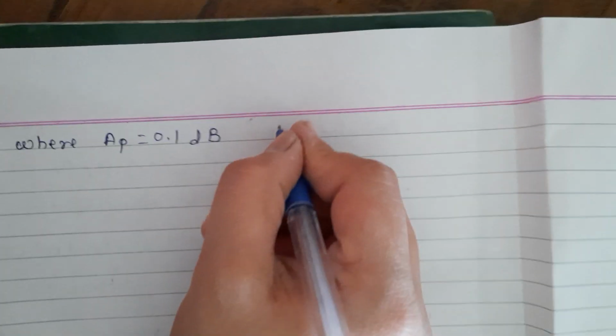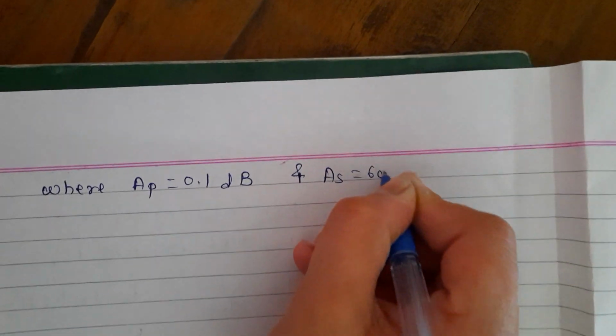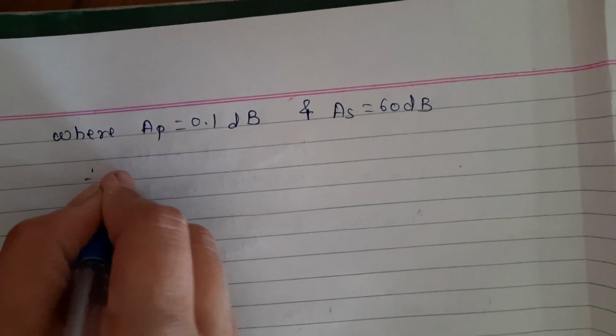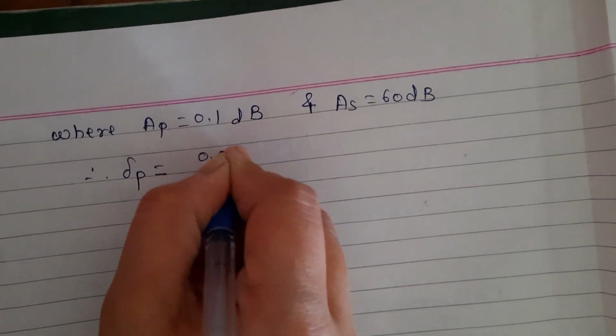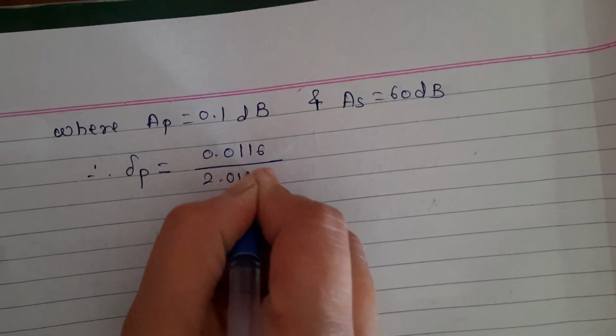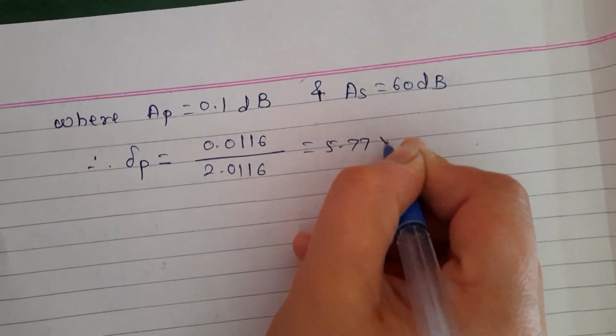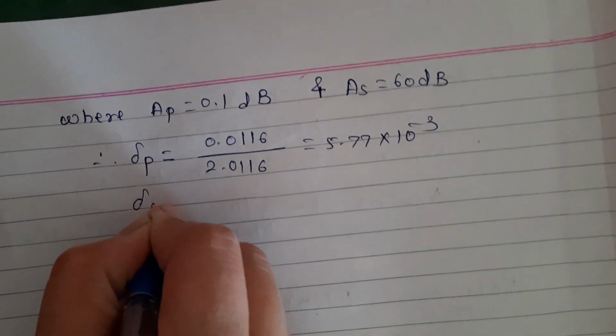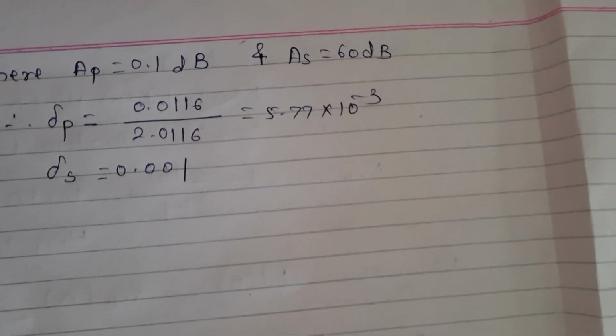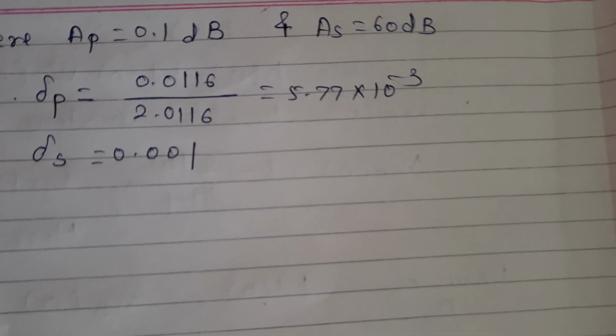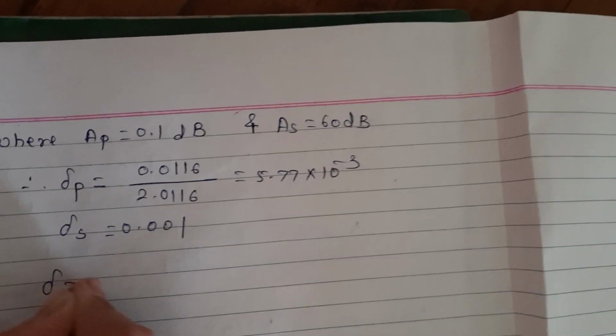Now where AP is equal to 0.1 dB and AS is equal to 60 dB, therefore delta P is equal to 5.77 into 10 raised to minus 3, and delta S is equal to 0.001. We replace the values of AP and AS in the above equations and we get the values of delta P and delta S.